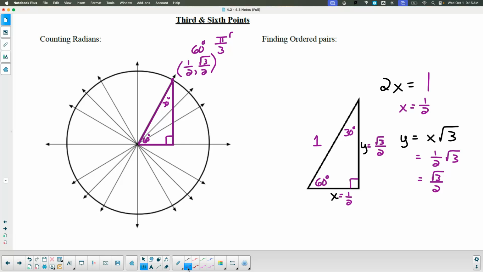Again, reflecting it in the y-axis puts me here. That would be the coordinates of negative 1/2, comma, the square root of 3 over 2. It's 60 degrees more, so that is 120 degrees. It's pi over 3 more, so that is 2 pi over 3 radians. We're up there.